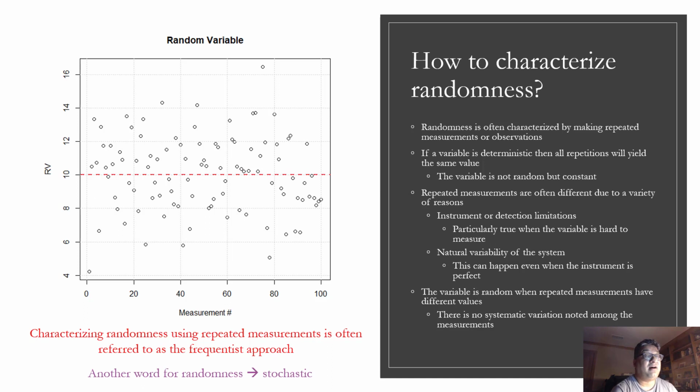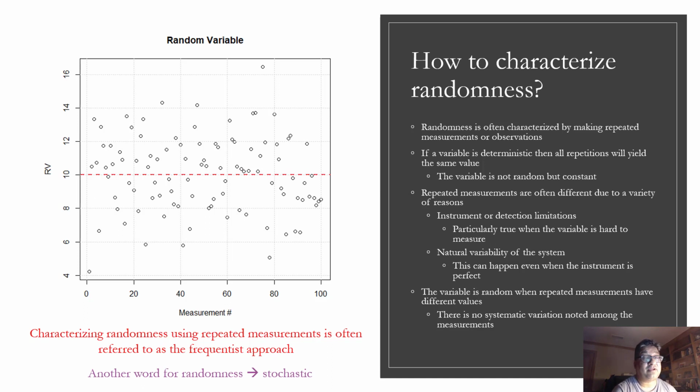Repeated measurements are different most of the time because one, we have instrument limitations, and two, we have natural variability in the system. So even if we have the perfect instrument, if I were to measure flow rate in summer, it's going to be very different from the flow rate in the winter. Same thing with wind loads.